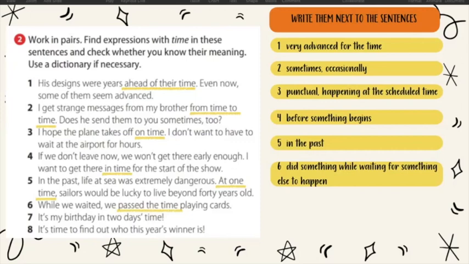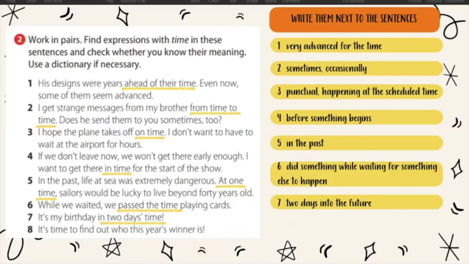Number 7, it's my birthday in 2 days' time. What is that expression? Well, in 2 days' time means 2 days into the future. So instead of saying next Monday or next Tuesday, you can say the number of days and then you use the apostrophe and the word time.